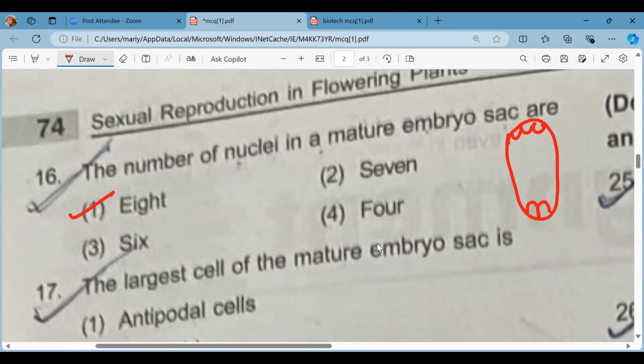How would you describe a mature embryo sac? It has an egg shape and has four cells. It is seven-celled, eight nucleated, isn't it? Oh, okay, yes.